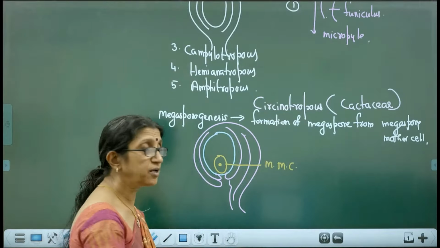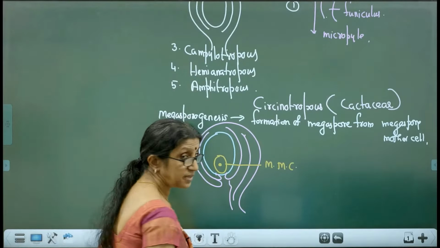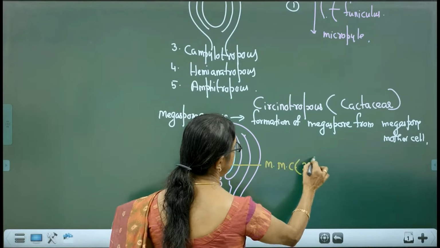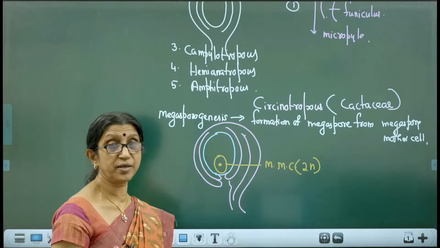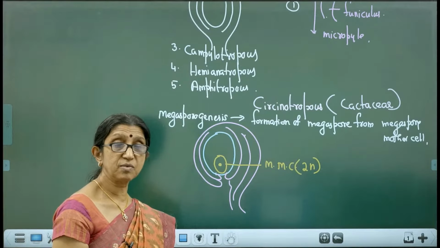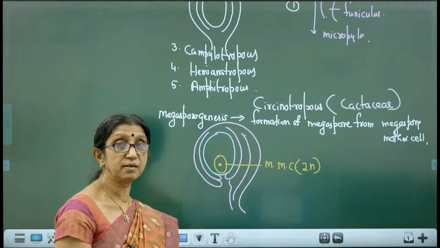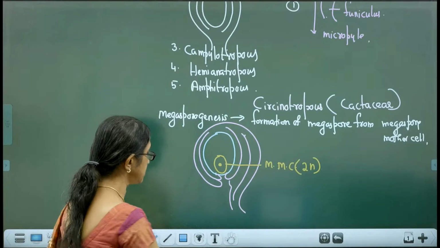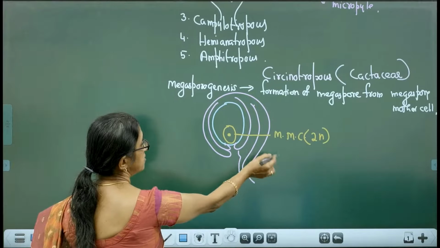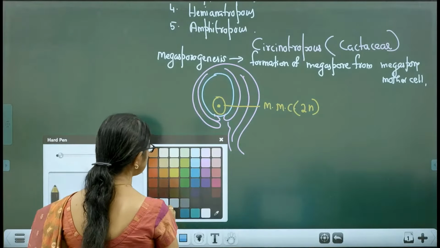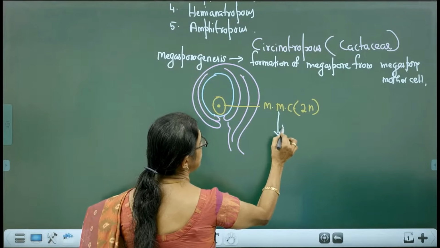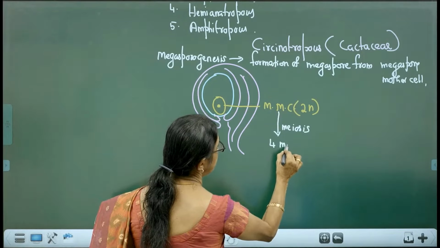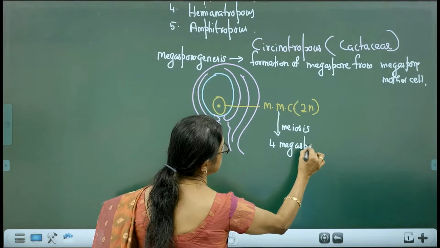Can you tell me the ploidy of the megaspore mother cell? See, the entire ovule is 2n, so the cell also will be 2n. So the megaspore mother cell is 2n. Hence, during megasporogenesis, like microsporogenesis you have studied taking place in the anther, here also the megaspore mother cell undergoes meiosis, that is reduction division, and there is formation of 4 megaspores.